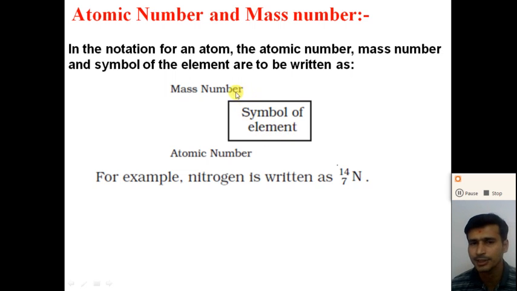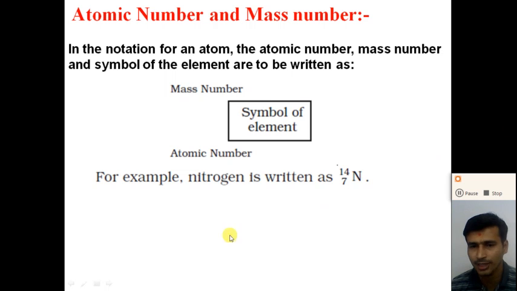The mass number is represented on the top left corner of the symbol of the element, and at the bottom left corner we write the atomic number. For example, nitrogen has the atomic number 7 and the atomic mass 14. So the nitrogen element is written as capital N with 14 at the top and 7 at the bottom, right? So at the top we write the mass number and at the bottom we write the atomic number, right?